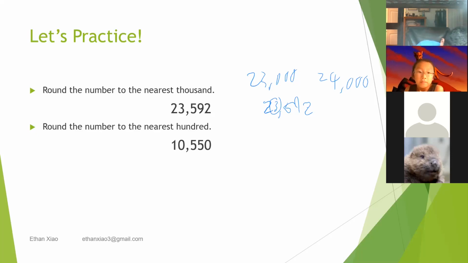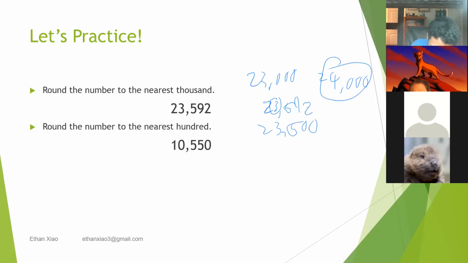And next, I'm going to find the middle, which is 23,500. And as you can see, 592 is greater than 500. So that means that this rounds up to the second one, which is 24,000.